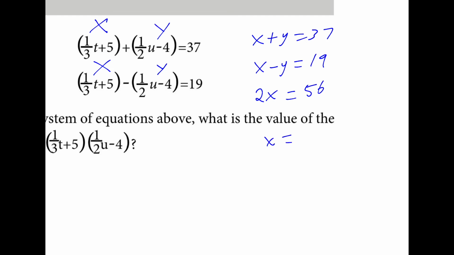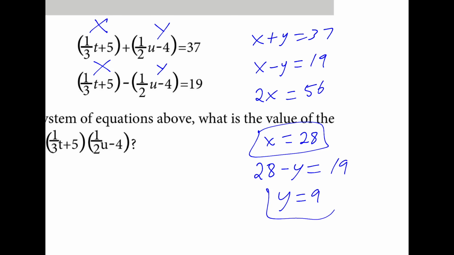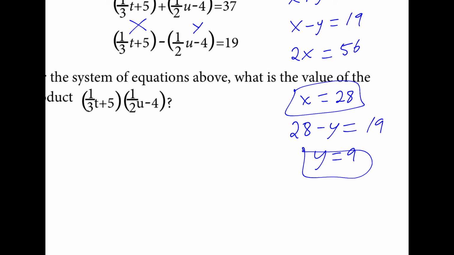Or in other words, x is equal to 28. If I plug that back into one of my original equations, I have 28 minus y is equal to 19. This tells me that y is equal to 9. So remember, this was x, this was y, 28 times 9, which gives me 252.